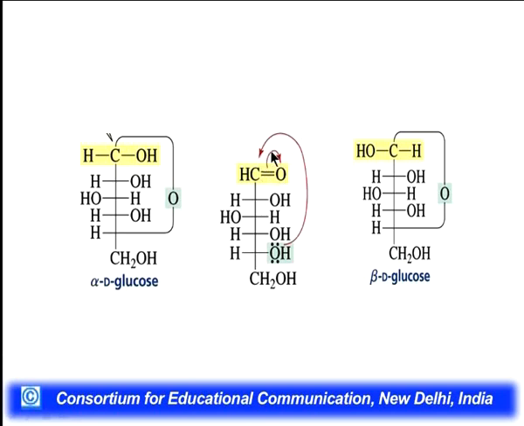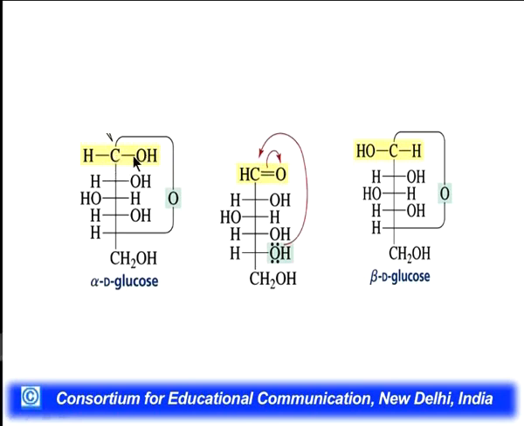I am talking of the right hand side and left hand side here because we are talking initially of the Fischer projections. So we can have two configurations around the hemiacetal carbon.